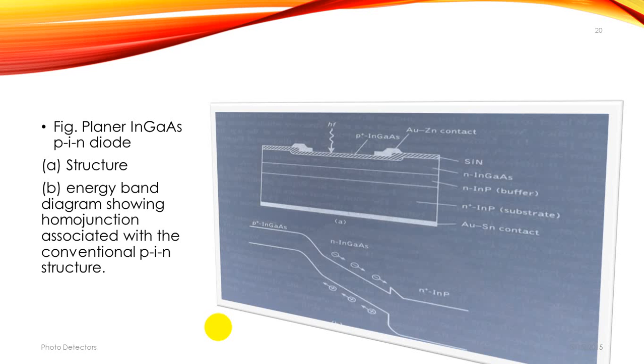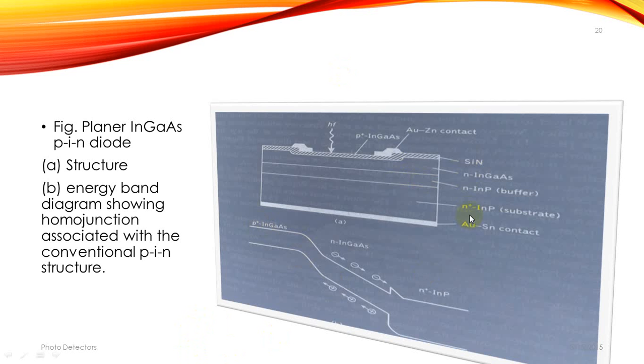The incident light is absorbed in the low-doped N-type indium gallium arsenide layer, generating carriers, as illustrated in the energy band diagram in figure B. The discontinuity due to the homojunction between the N plus indium phosphide substrate and the N indium gallium arsenide absorption region may be noted.